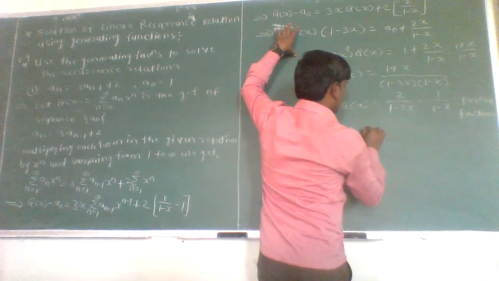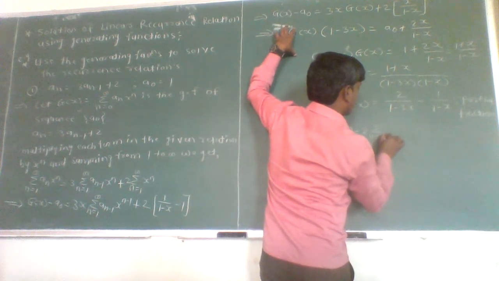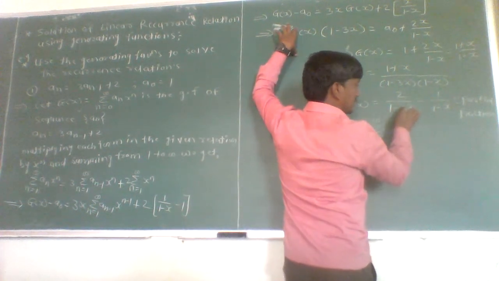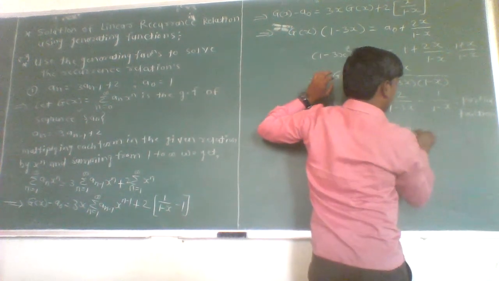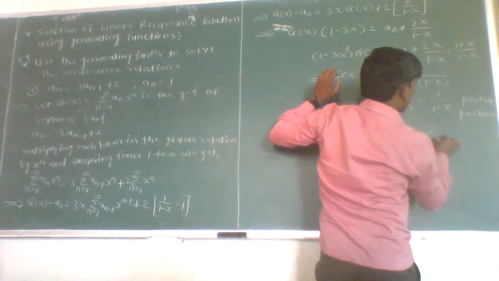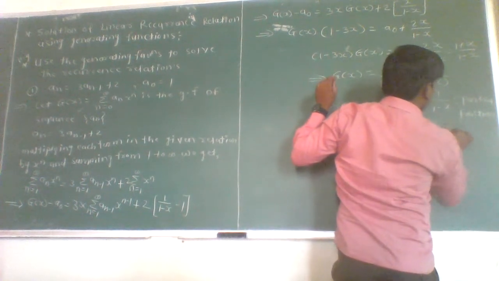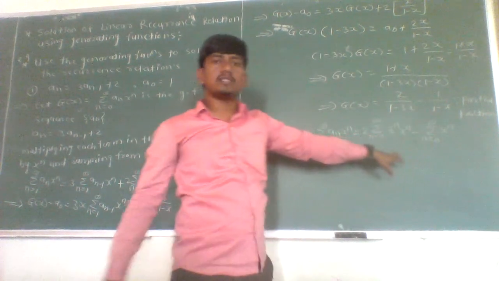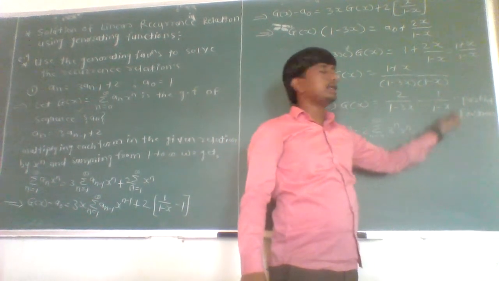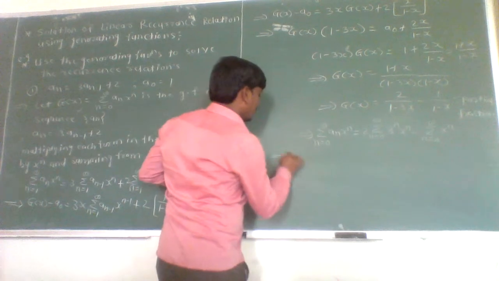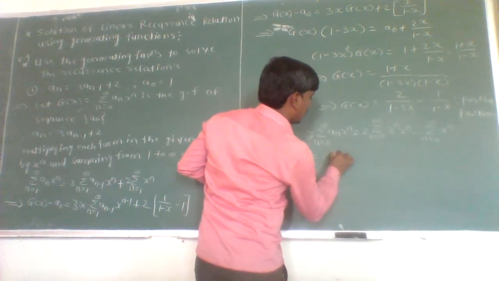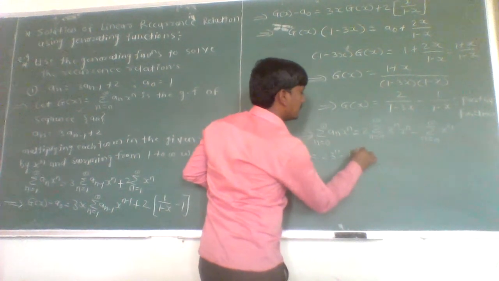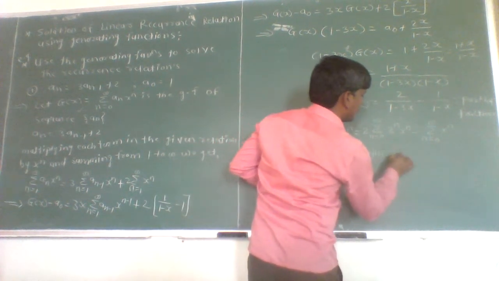So this is 2 into summation n from 0 to infinity of 3 to the power n x to the power n, minus summation n from 0 to infinity x to the power n, since 1 upon 1 minus x is summation n from 0 to infinity x to the power n. So here we have to find the sequence a_n, which is 2 into 3 to the power n minus 1, the required solution.